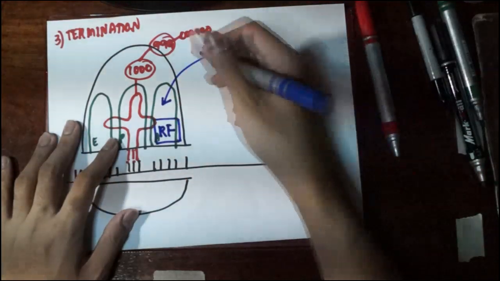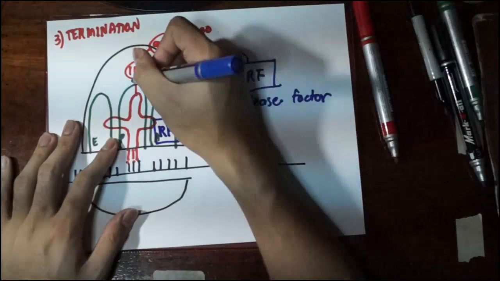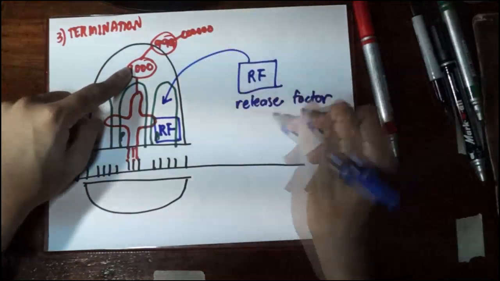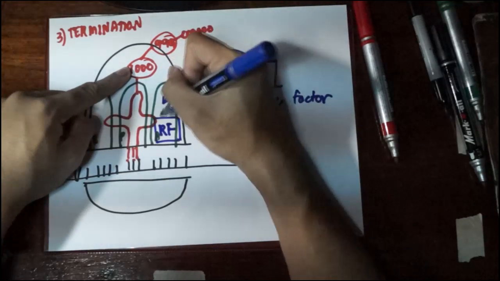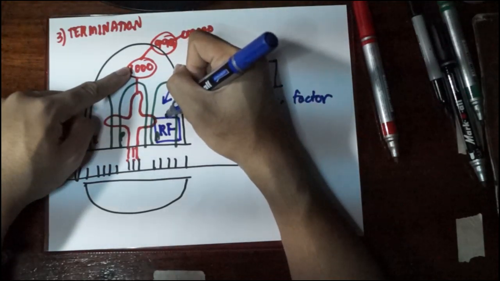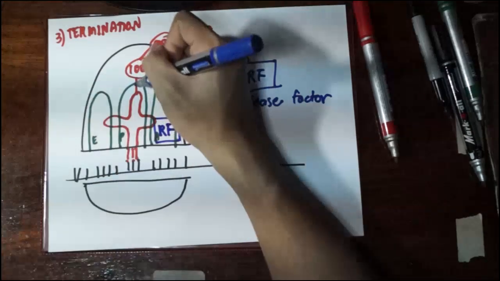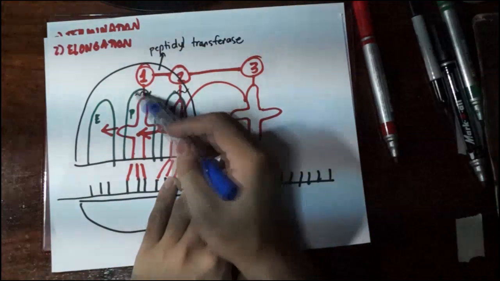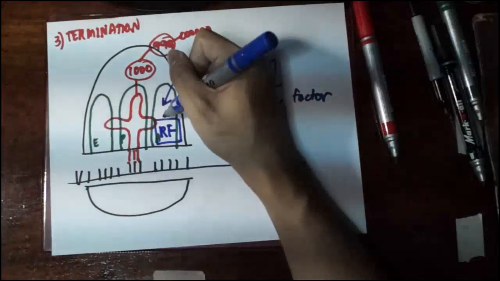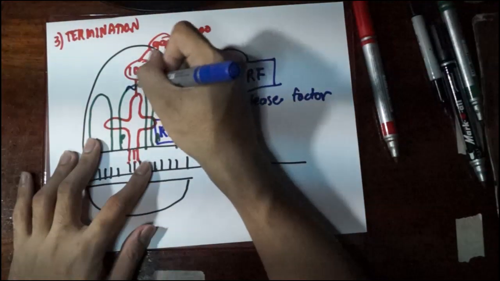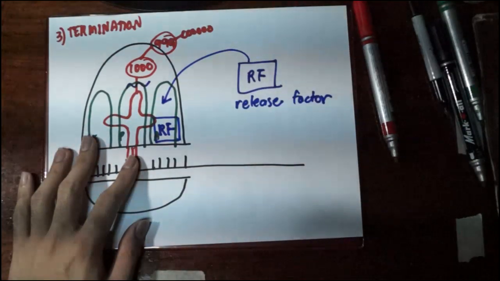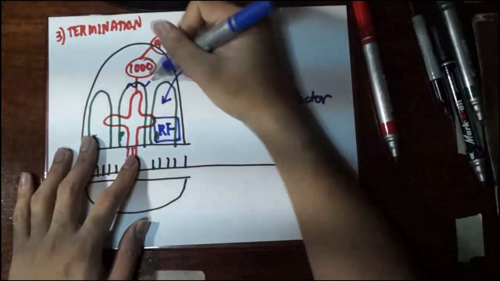Alright, originally what's going to happen is that there would be a peptide bond between this one and the amino acid here. But since the release factor doesn't have any of that, what it's going to do is to act like a scissor, wherein it will do what usually happens in the P area. Again, there's a cutting part here, but here it's going to happen also, but this time the protein synthesis will stop because there is no more additional amino acid.